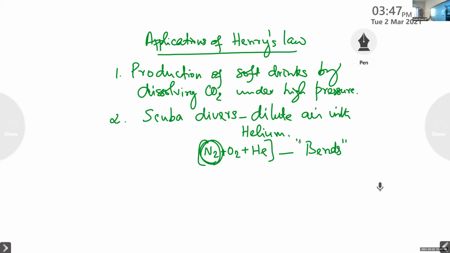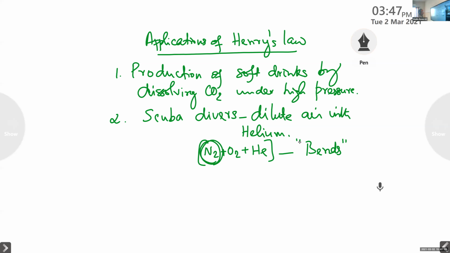If air is diluted with helium, the percentage of nitrogen can be reduced. And the solubility of helium is less compared to nitrogen. Solubility of helium is less, and therefore bends can be minimized or avoided.